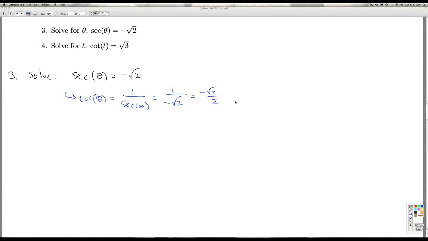Where's this going to happen? Well, the cosine is negative in quadrants 2 and quadrant 3.